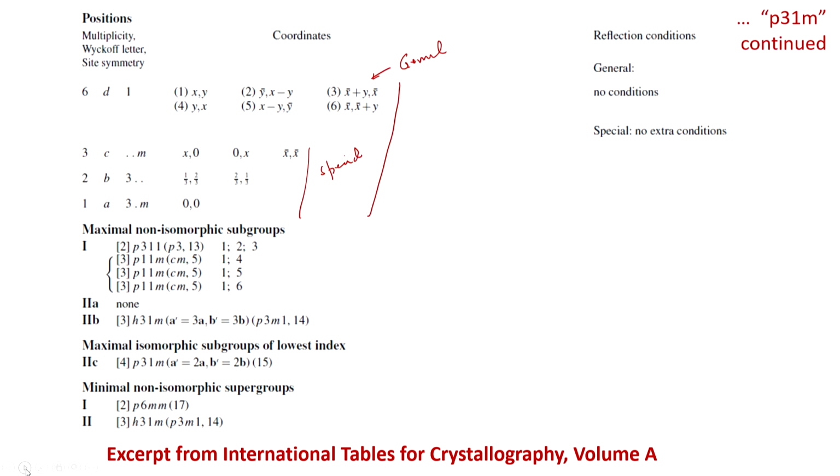The rest we will revisit when we talk about the 3-dimensional space groups and when we also come to the X-ray diffraction part of the course. But this marks the end of our discussion on the 2-dimensional point groups and plane groups, or 2-dimensional crystallography, and in the next lecture we will start discussing three-dimensional crystallography, where because of the presence of the third axis, there are going to be a lot more point groups and space groups.